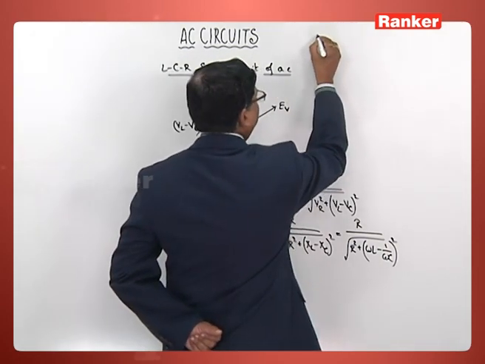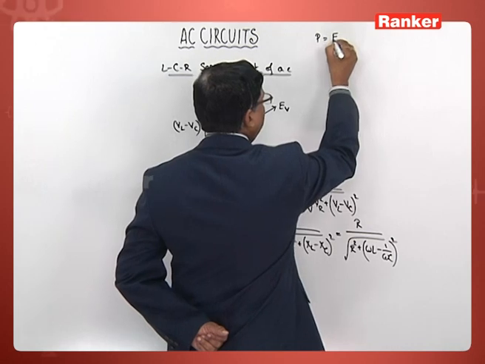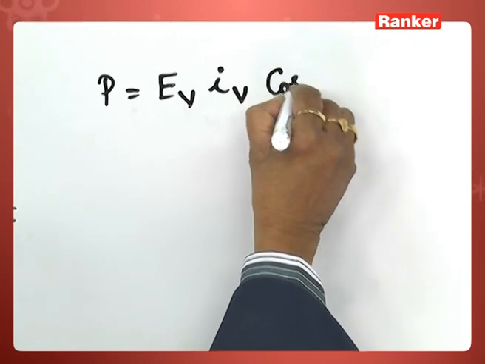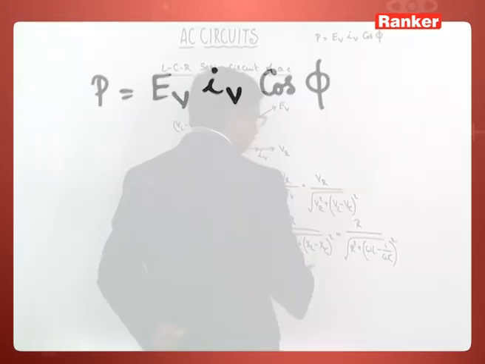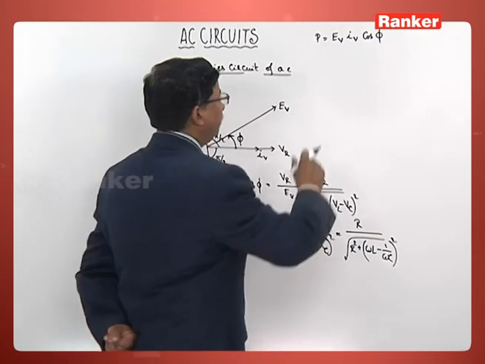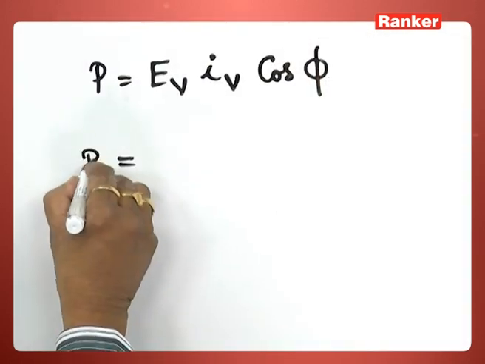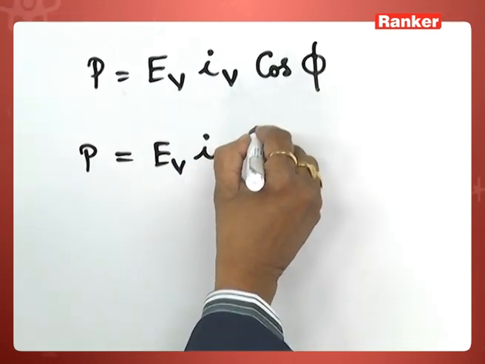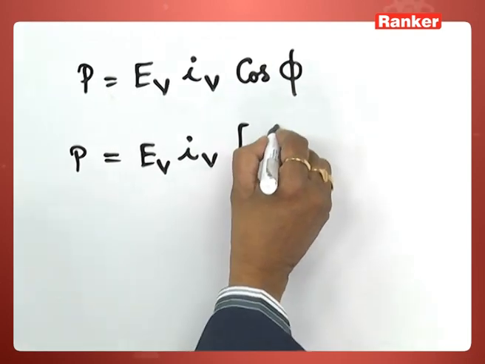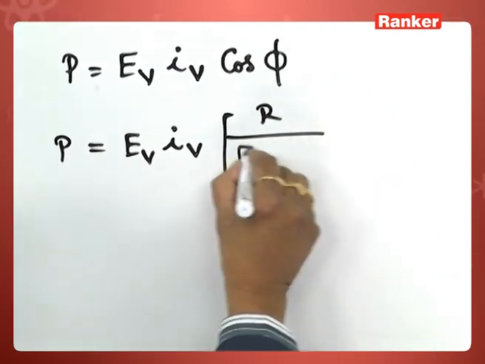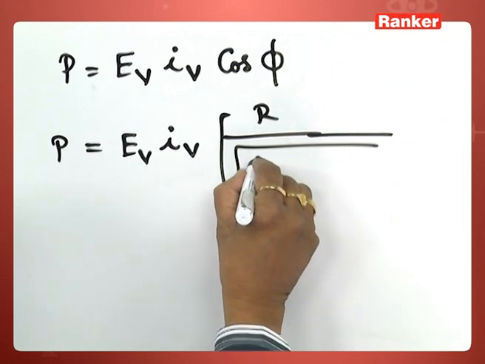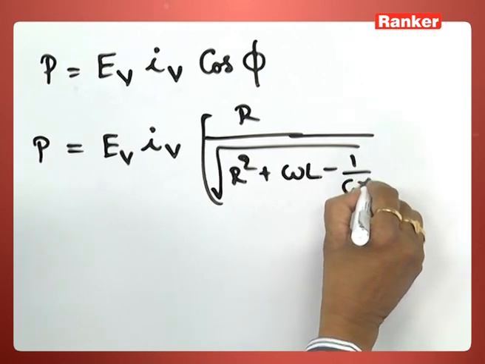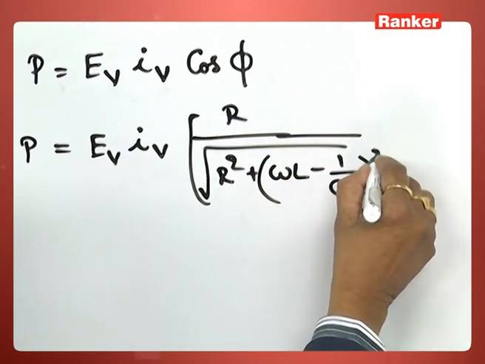Then what would be the power now? Power now becomes virtual value of EMF into virtual value of current into the value of cos phi, which is called the power factor. So we can rewrite the same equation this way: P is equal to virtual value of EMF into virtual value of current into the value of R by root over R square plus (omega L minus 1 by omega C) whole square.